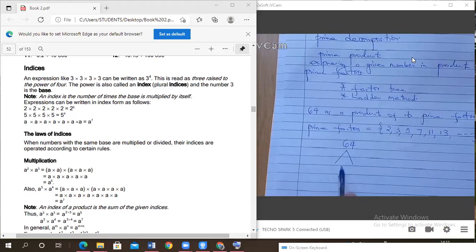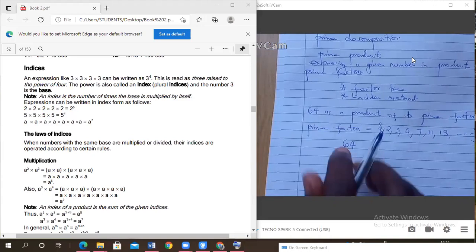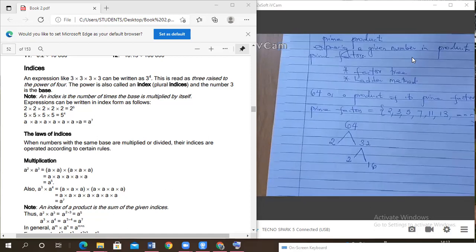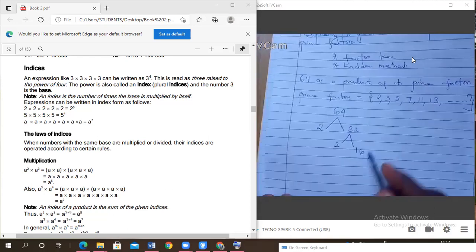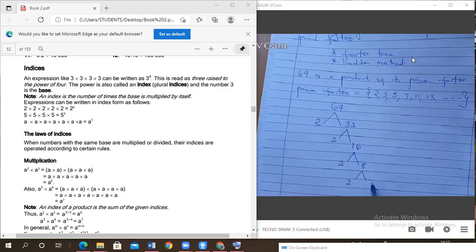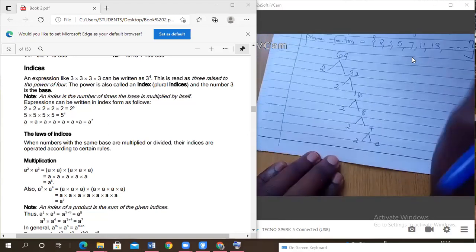If 2 cannot, then you move to the next one, if 3 cannot, then you move to the next one, until we reach 1. So 64 divided by 2 gives us 32. 32 gives us 16. 16 gives us 8. 8 gives us 4. 4 gives us 2. 2 gives us 2.